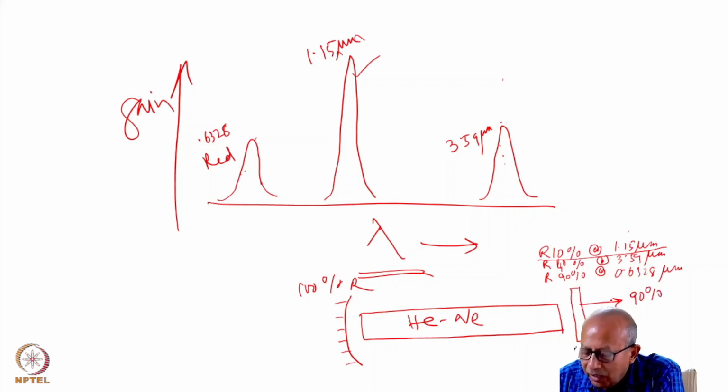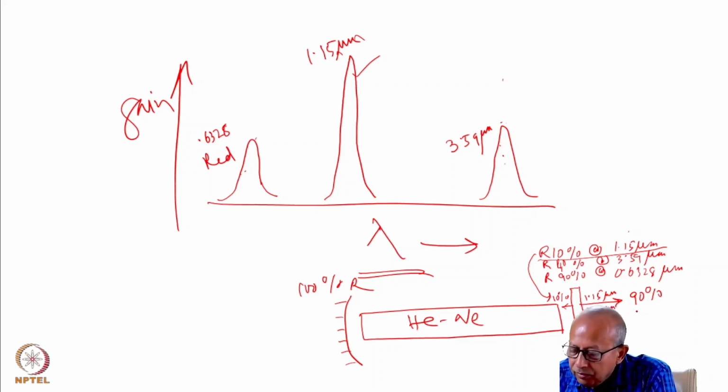That is, it is 90% lossy, and it reflects only 10% of this light back, at 1.15 micron. For 3.59 micron, it transmits 60%.